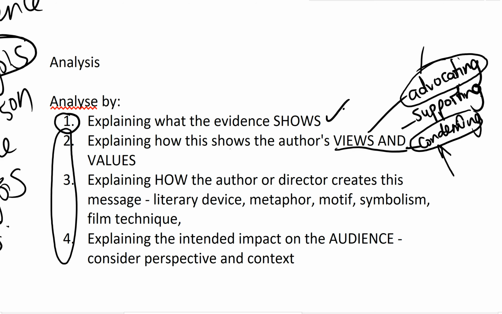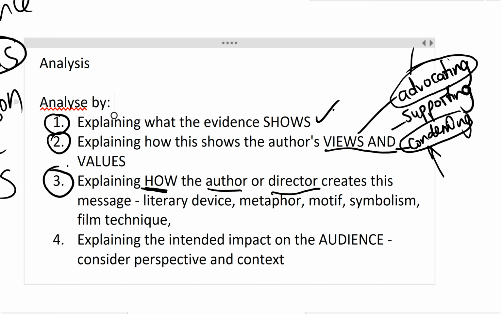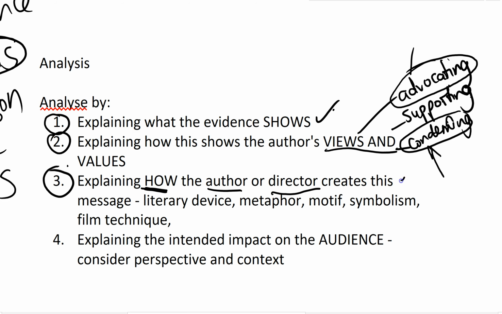Now we can also analyze, and this is a far more sophisticated way than just saying what it shows or what the views and values are. The third way that we can analyze is by explaining how the author or the playwright or the director creates that message. So how the author, director shows their support for a message.